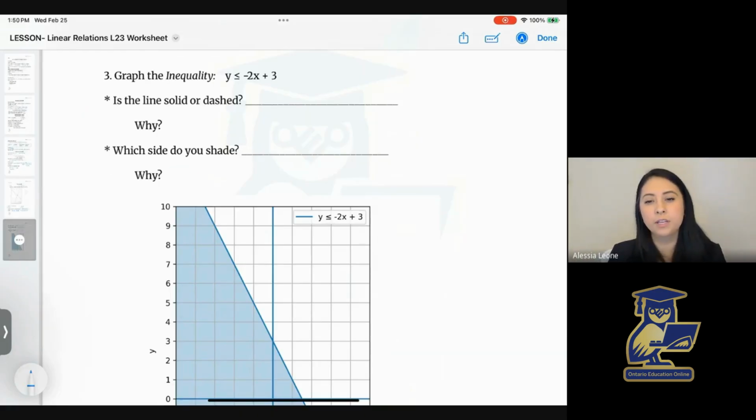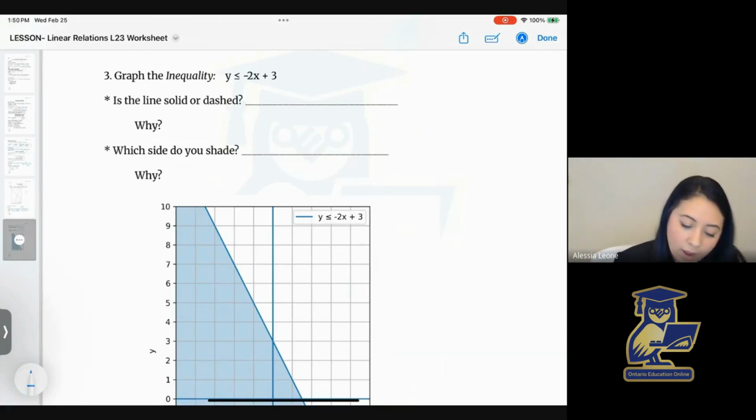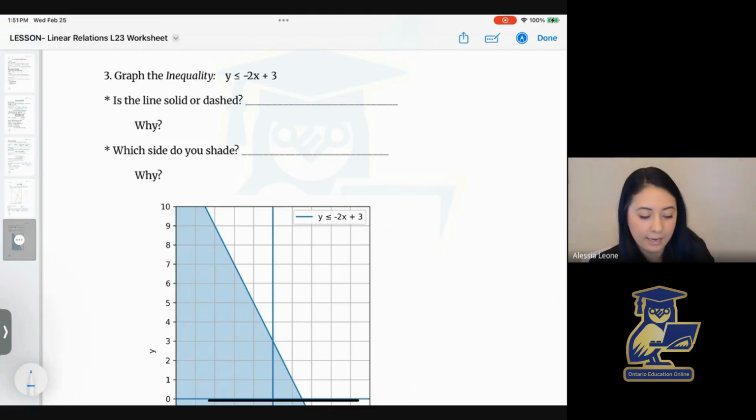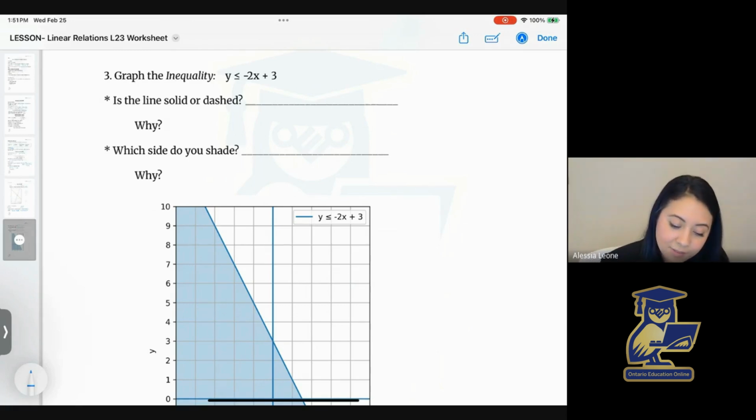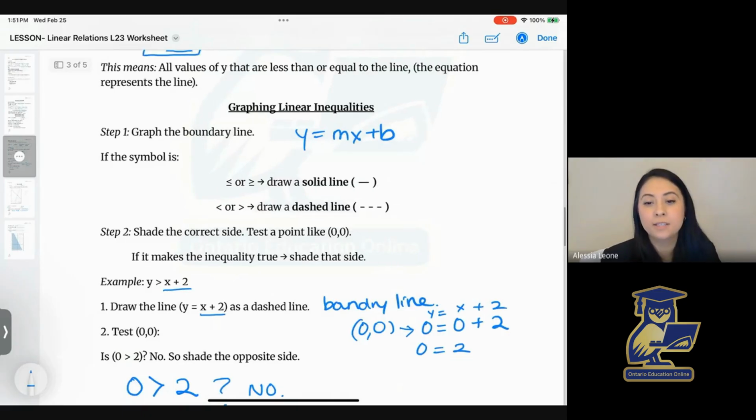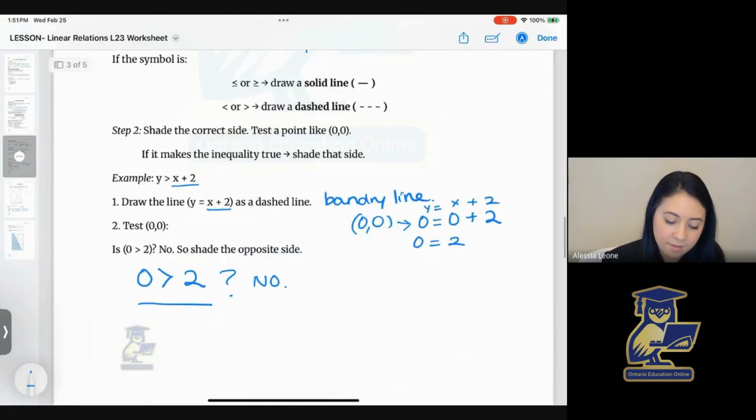Number 3, we're going to look at this inequality. y is less than or equal to negative 2x plus 3. So first we have to decide, is the line dashed or solid? If we go back to our rules, we will notice here it says if we see the greater than or less than sign with the equal to, it's a solid line.